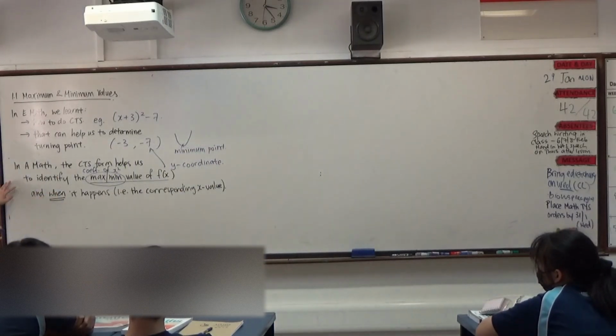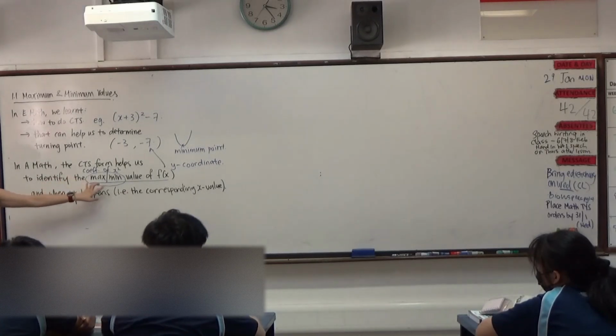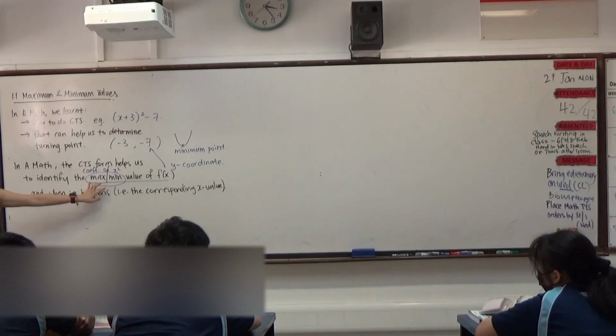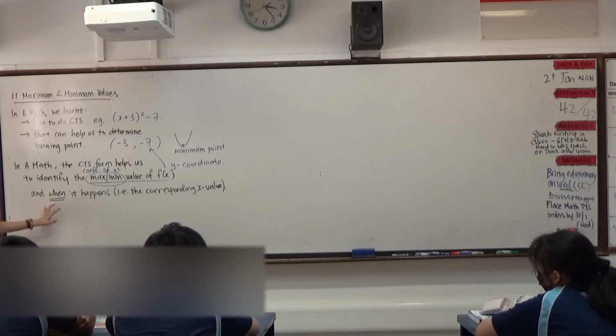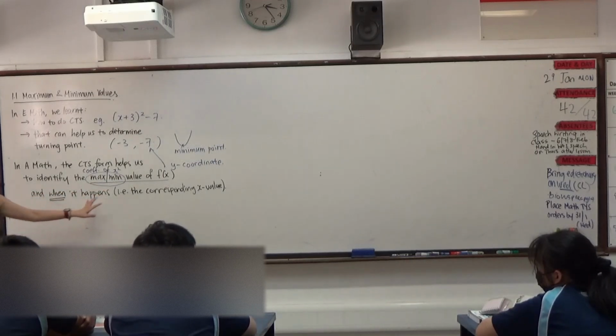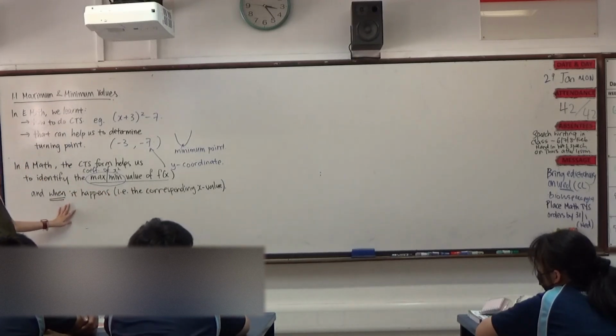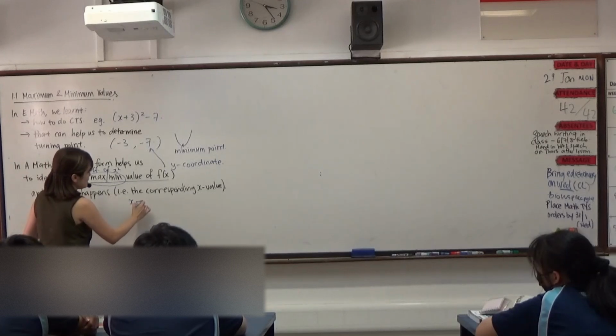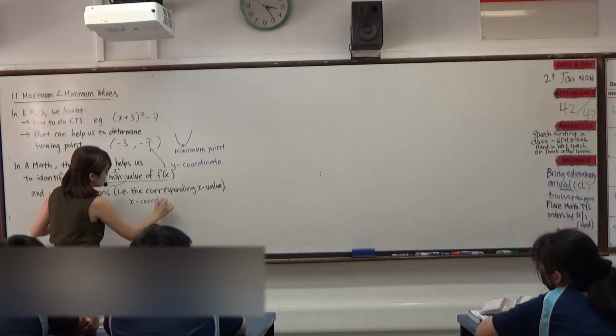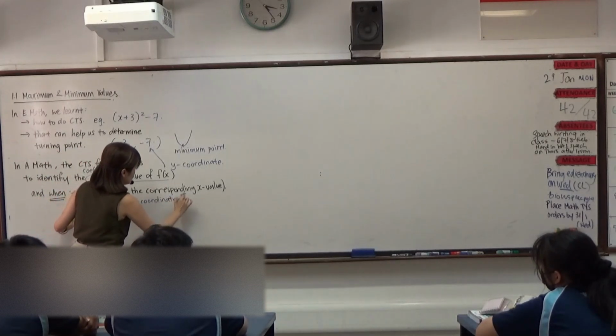Another thing that is usually asked in A-Maths is that they don't stop at asking you for the maximum or minimum value. They also ask when it happens, in other words, the corresponding x value. That also means that we're looking for the x coordinate of the turning point.